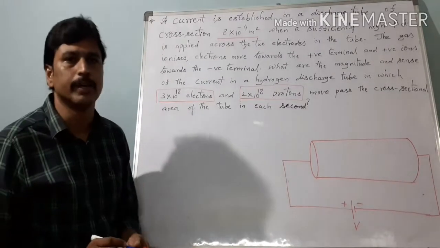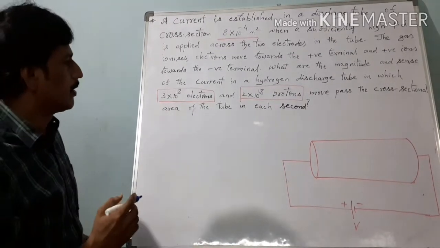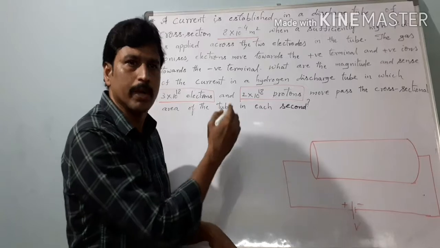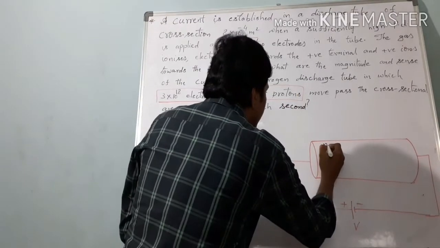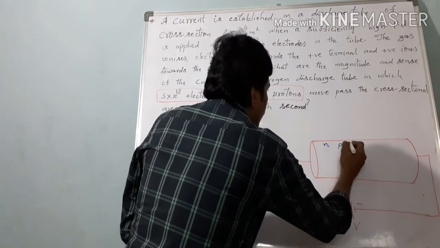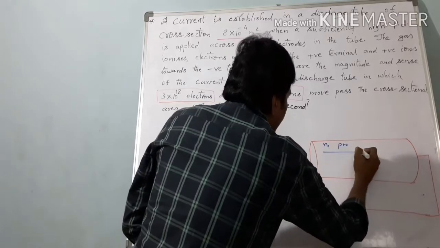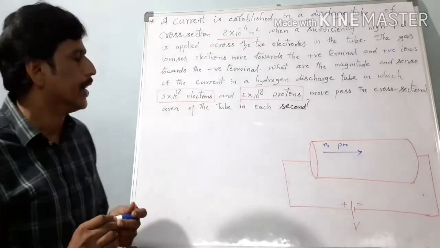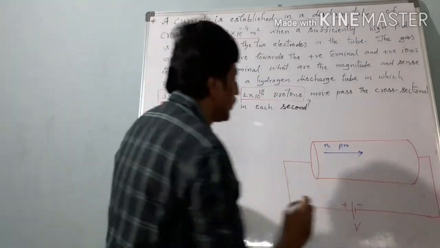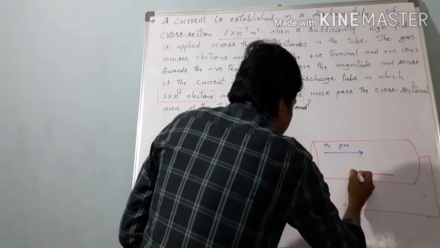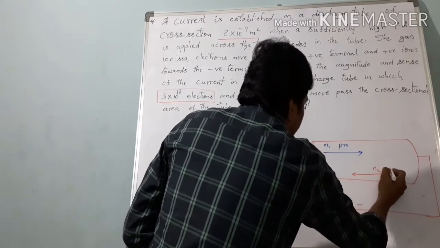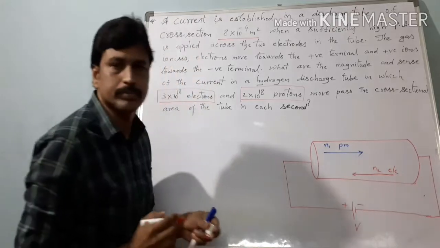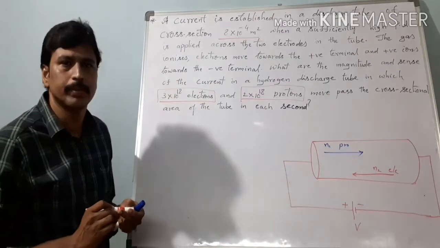We know this concept: N1 protons are moving from left to right, and N2 electrons are moving from right to left. Did you remember that concept?